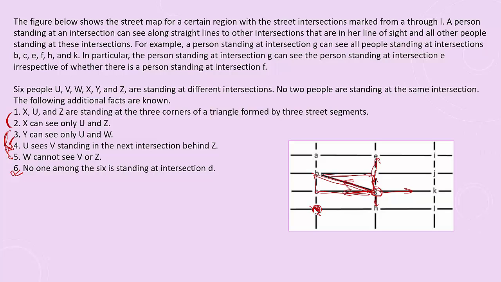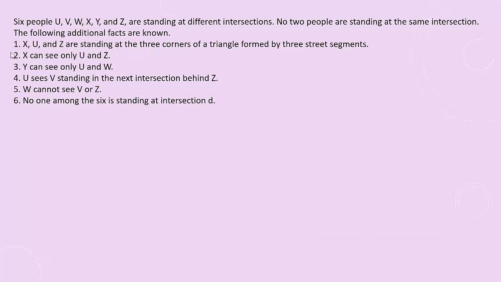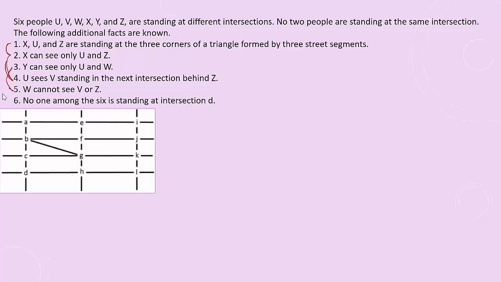So as we have seen the connections, let's try to mark. So I'm connecting 1, 2, then 4, then 3 and 5, and 6 is already an independent one, right? So let's try to check. Lot of plots are possible. So first thing is I'll just remove this part, right? According to this, no one among the 6 is standing at intersection D, right?